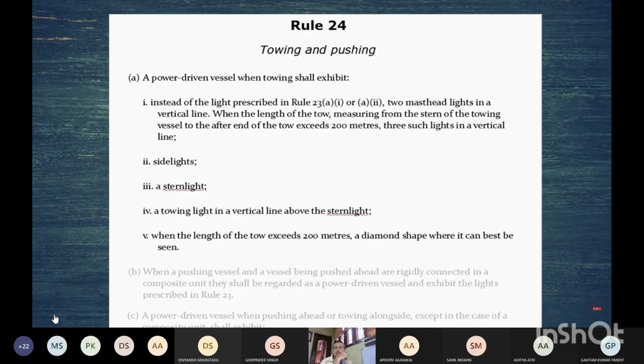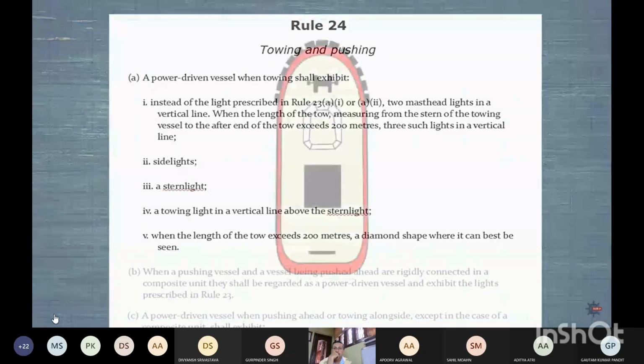Instead of the masthead lights, you've got to show basically two masthead lights in a vertical line, or if your tow is greater than 200 meters, three masthead lights in a vertical line. In addition, side lights, a stern light, a towing light vertically above the stern light, and if your tow is over 200 meters, a diamond shape where it can best be seen. Now that diamond is always going to correspond with 200 meters, so it's quite easy to remember.